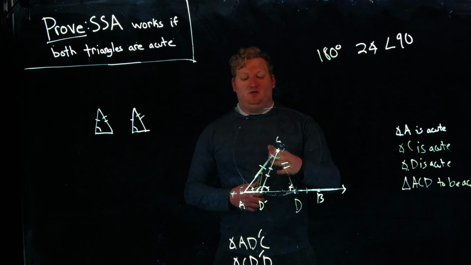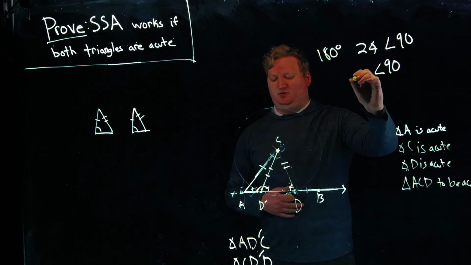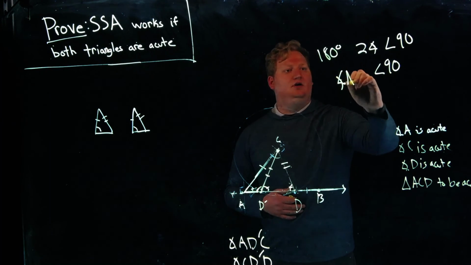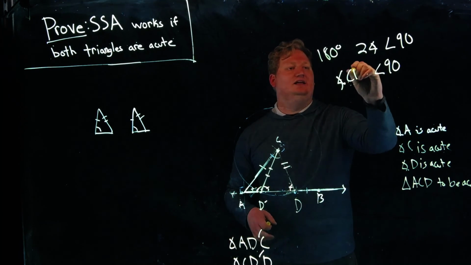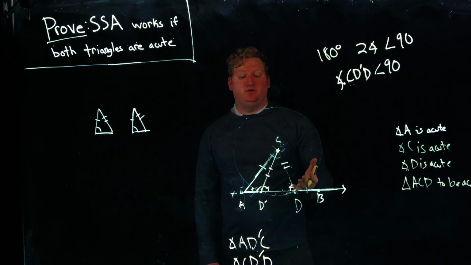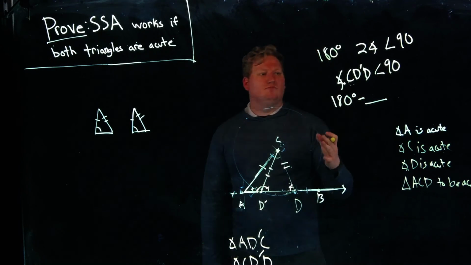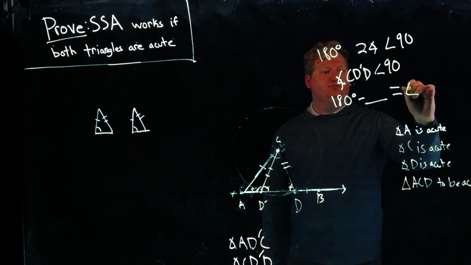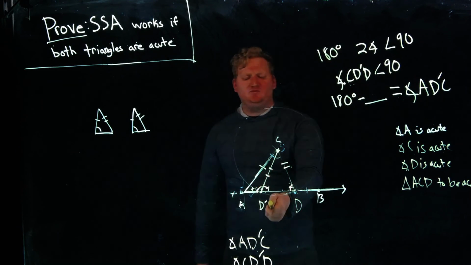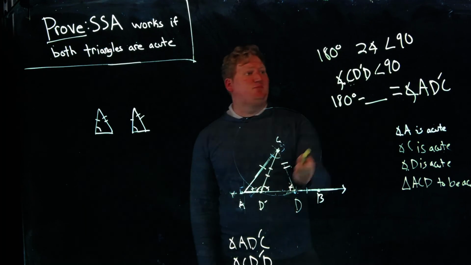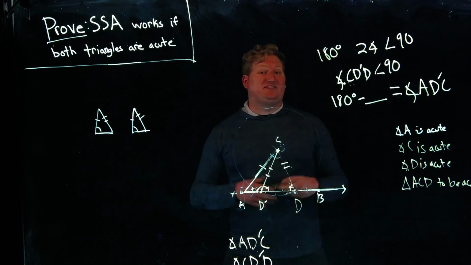If we know angle CD prime D has to be less than 90 degrees, well, supplementary angles sum to 180 degrees, so angle AD prime C is 180 degrees minus that. So because we know that angle CD prime D is an acute angle, we know that AD prime C has to be an obtuse angle.